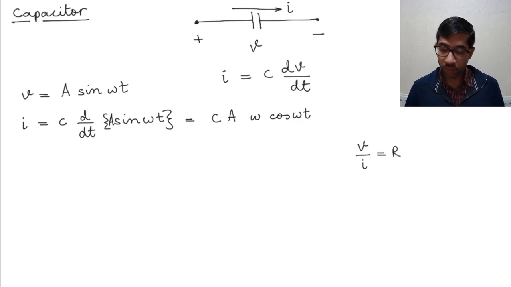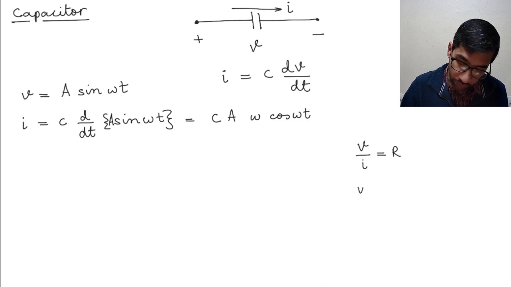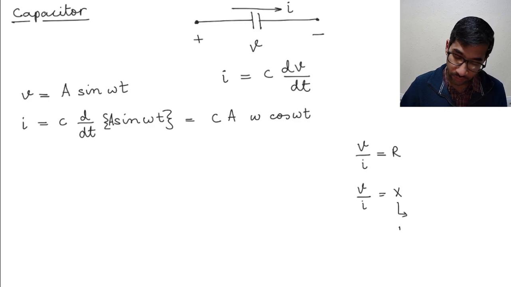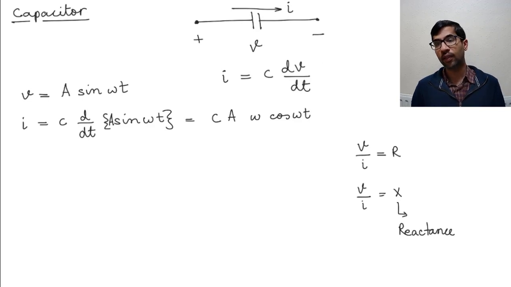Similarly, what we want to do is find out the voltage divided by the current for a capacitor, and in case of a capacitor, let's call it x, and let's call this x the reactance of the capacitor.